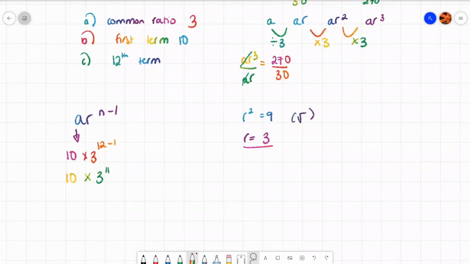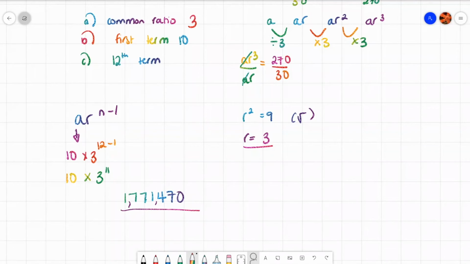So if I do 3 to the power of 11 in my calculator times 10, I end up with 1,771,470. That is my answer. And you can see that this formula is pretty simple and straightforward to use, isn't it?